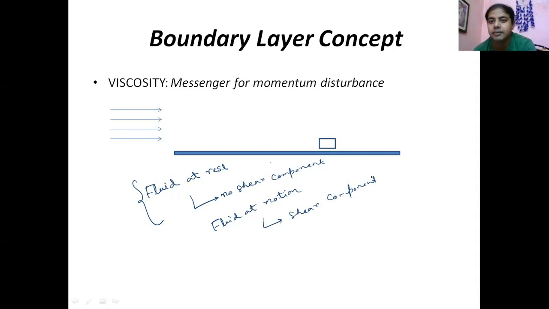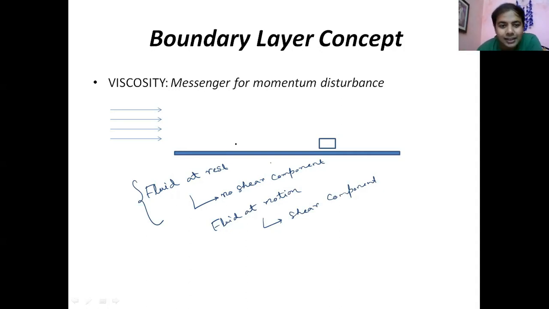Because of this shear stress, the fluid undergoes continuous deformation. Only as the fluid undergoes continuous deformation does viscosity come into the picture. So viscosity is, better to say, like a messenger. It collects some information from somewhere and conveys the information from one layer to another.